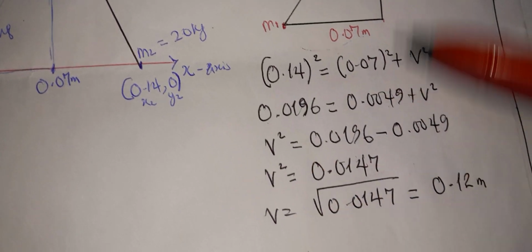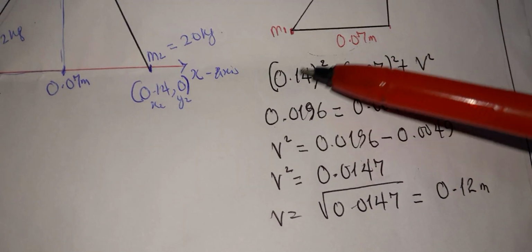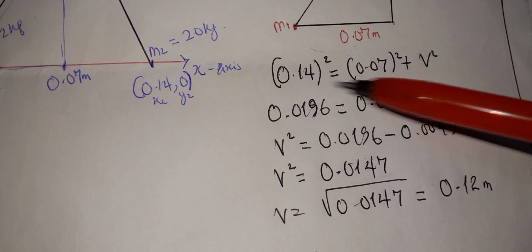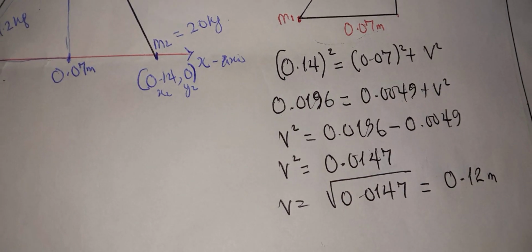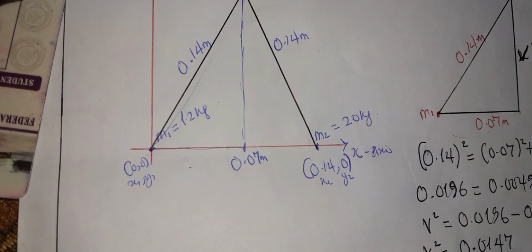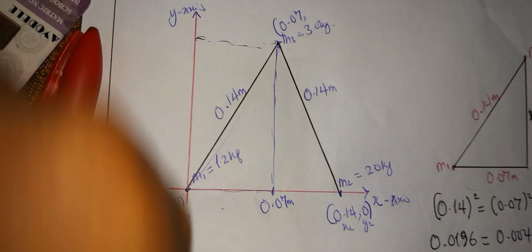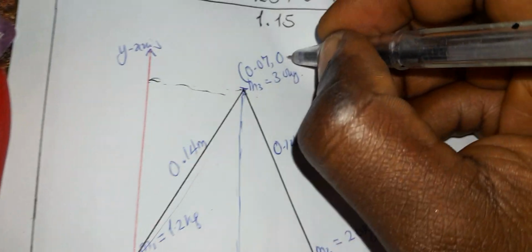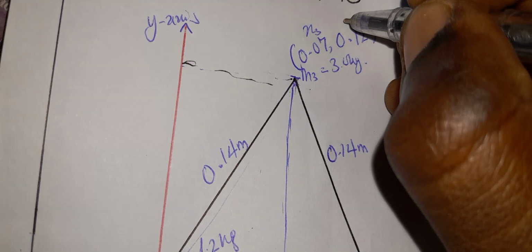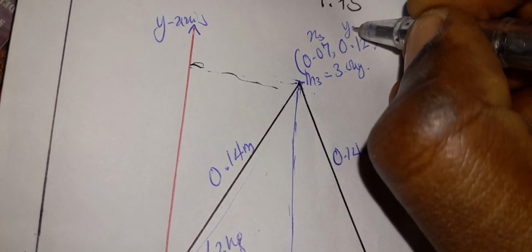Then I take the square of this value, bring the 0.049 to this point, and simplify it. So the height, the value of y at this point, will be 0.12. So this becomes our x3, and this becomes our y3.